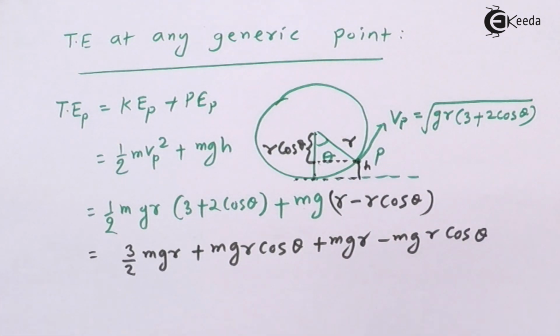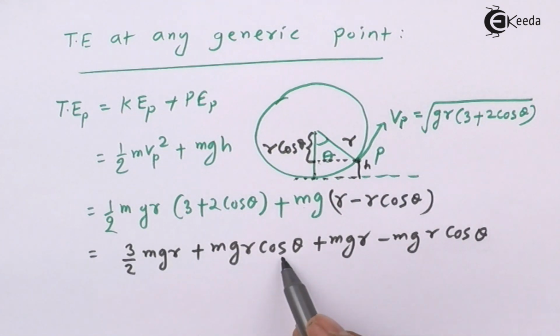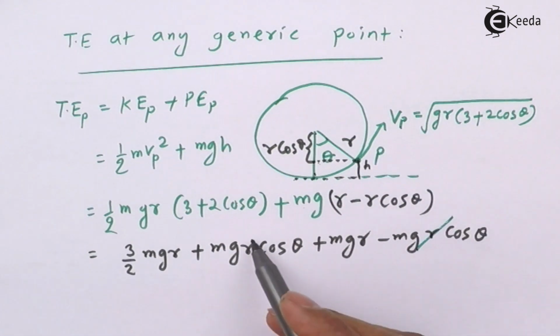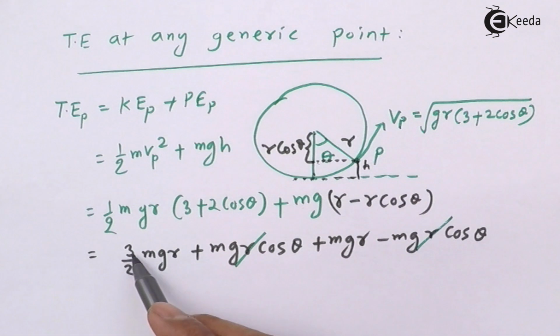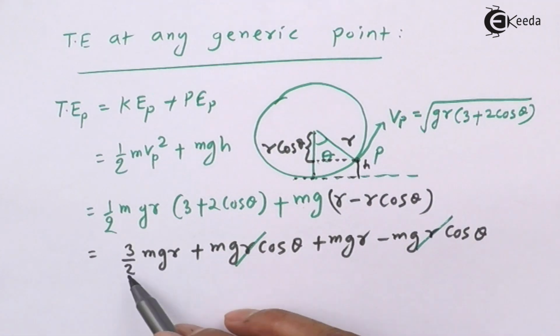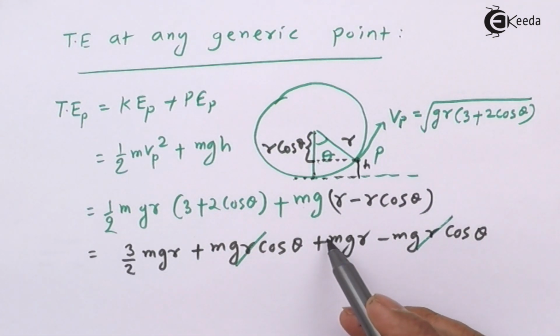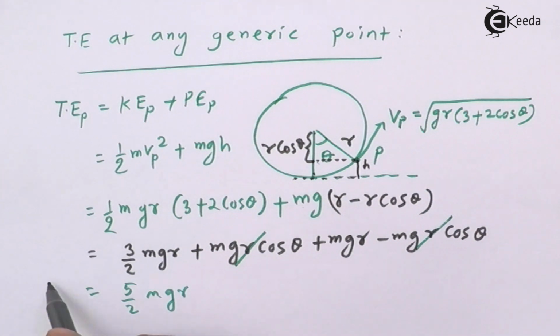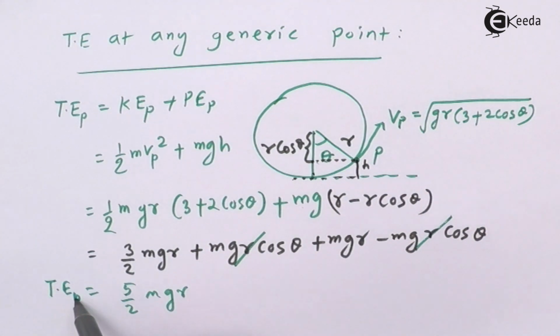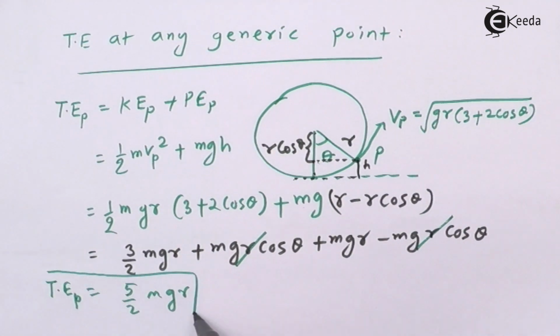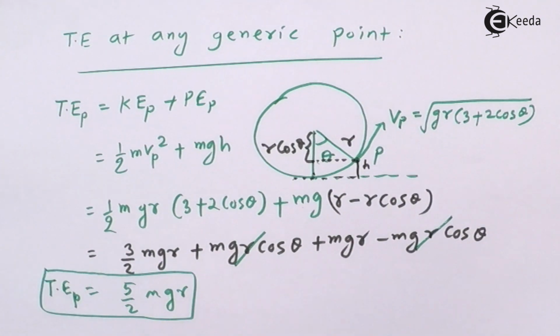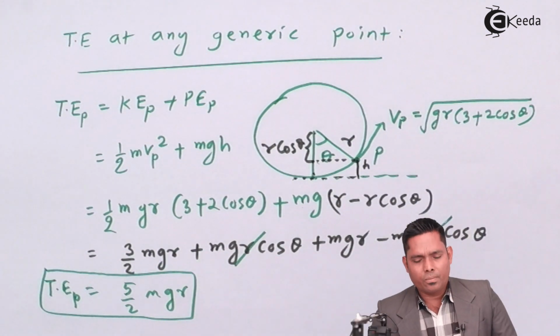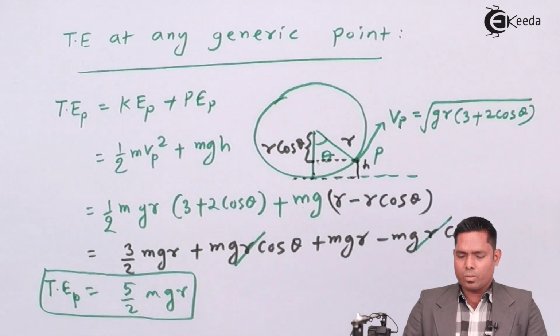You can see mgr cos theta is plus here and minus here, so they cancel out. This is 3 by 2 mgr plus mgr, so 2 plus 3 is 5, so it is 5 by 2 mgr. So for any generic point, the total energy will remain the same and will not change. This is the expression for total energy at any point P. Thank you.